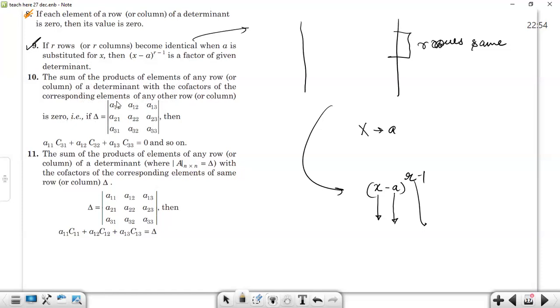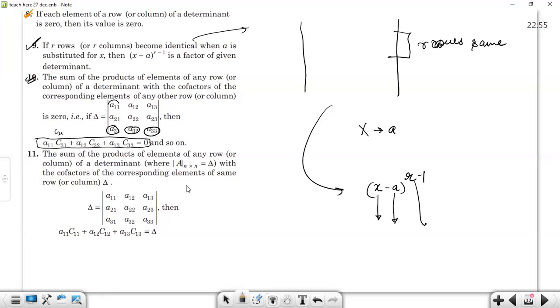So basically, if we find its cofactors and multiply them with the corresponding elements of the first row or the second row, the sum is going to become 0. Even if it was C21, C22, C23, the sum was still going to become 0. This is what the property is saying.